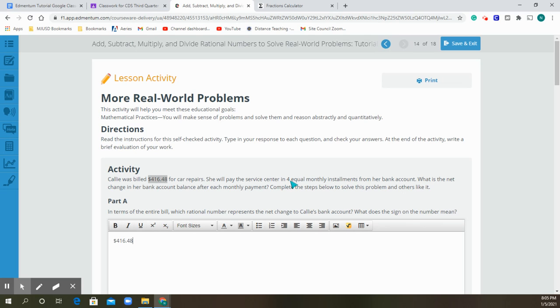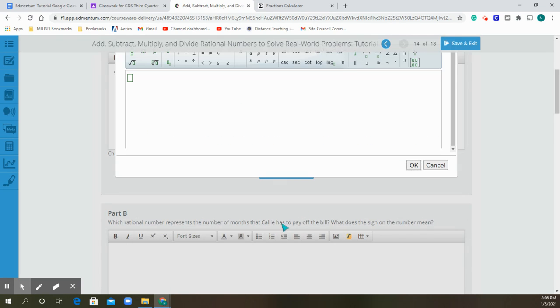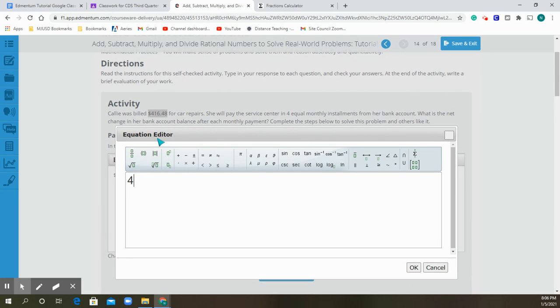And then we want to show that it's in 4 different payments. So we're going to go like this. Sorry, it's minus 416.48.